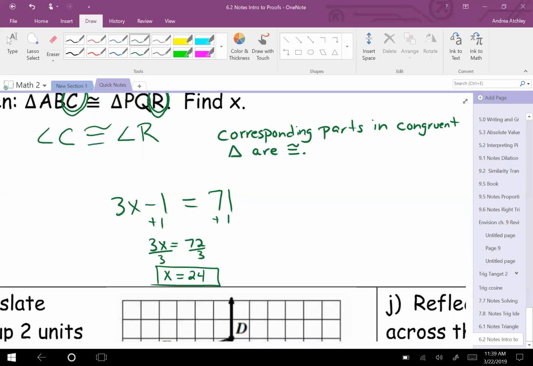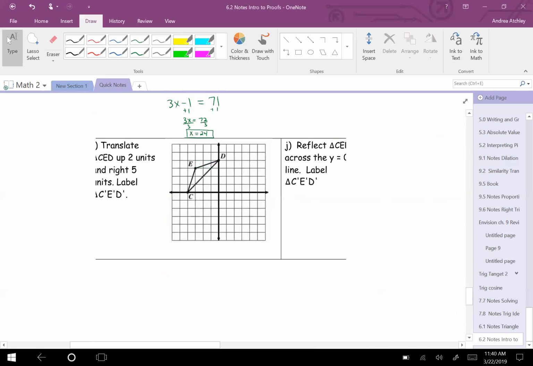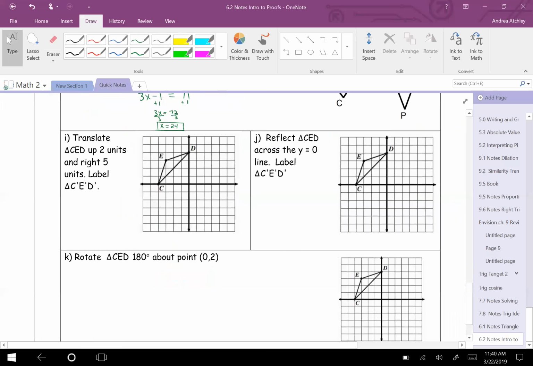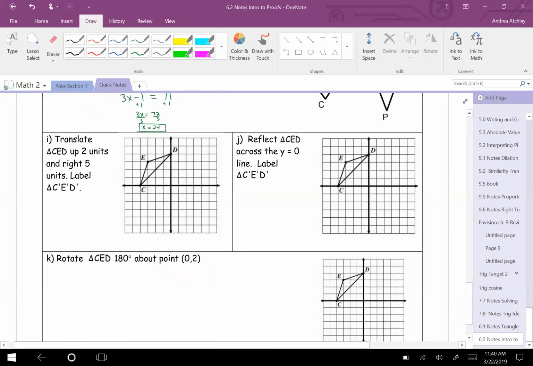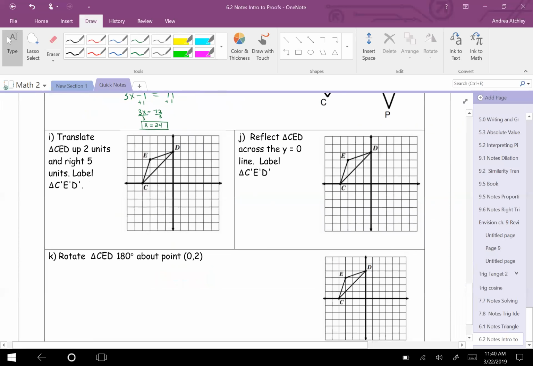Okay, so now we're just reviewing our translation, reflection, and rotation. So do those three. Make sure you're seeing that this reflects across the y equals 0 line. FYI, this is my y equals 0 line, because that's where y is always 0.